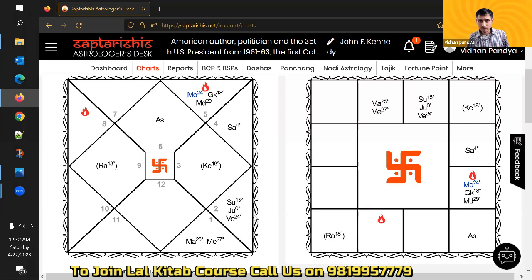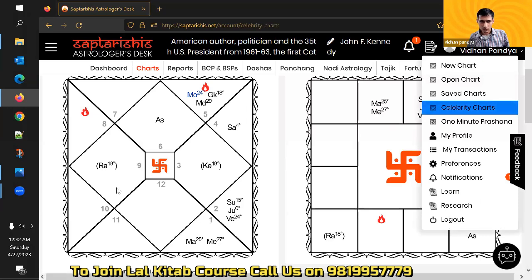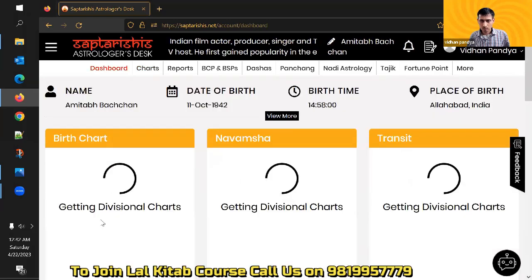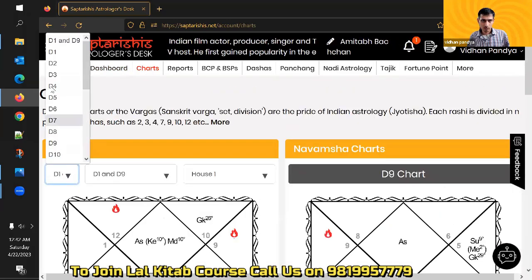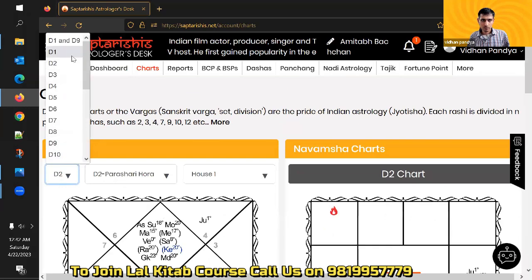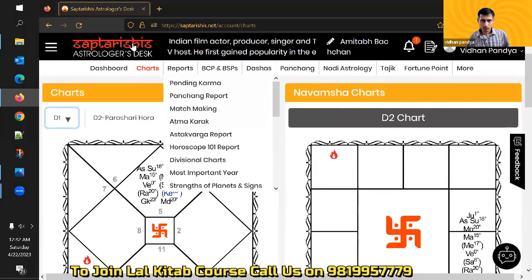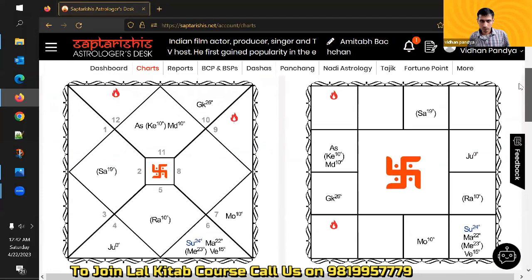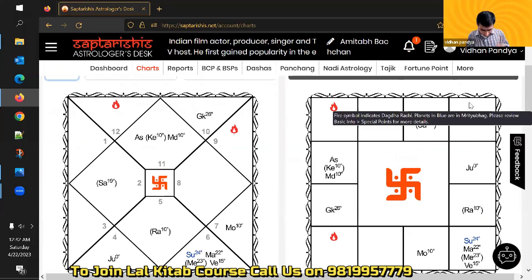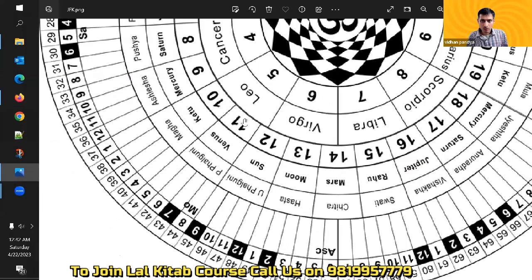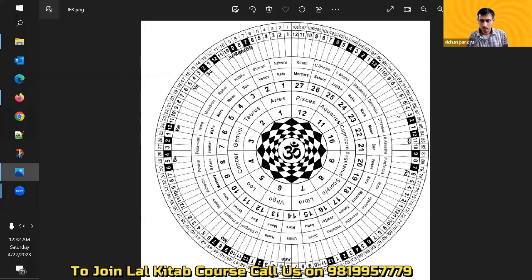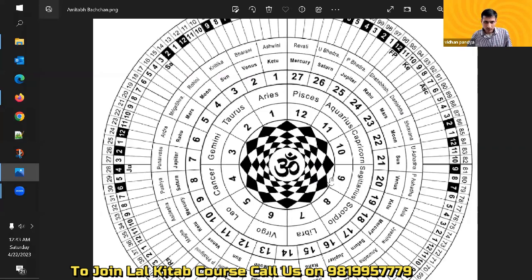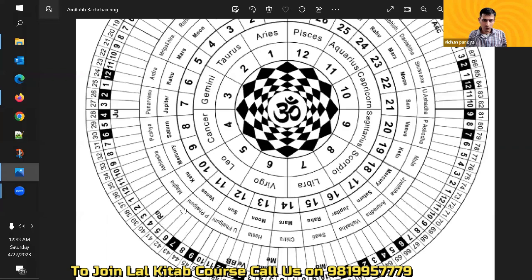We'll take the chart of Amitabh Bachchan. First event I have for you is year 40.